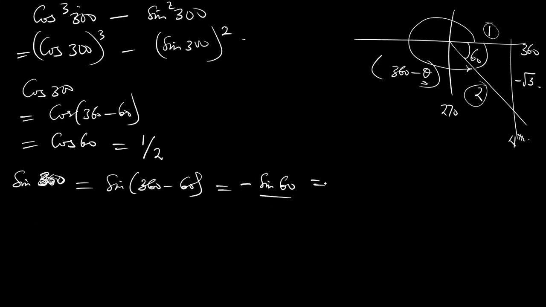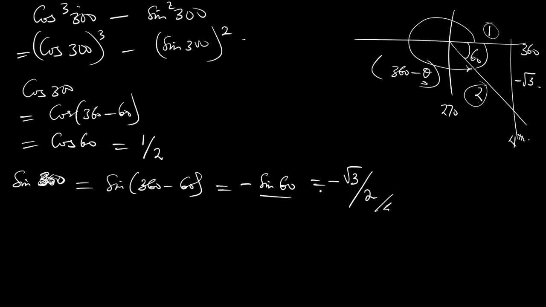And sine 60 from here is the opposite divided by the hypotenuse, which is root 3 divided by 2. So you have minus root 3 divided by 2.